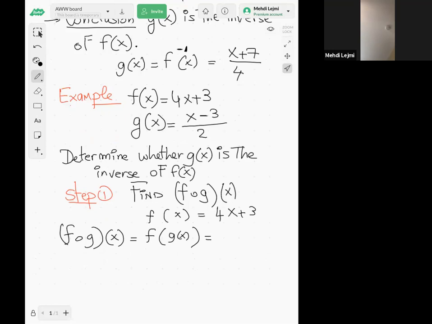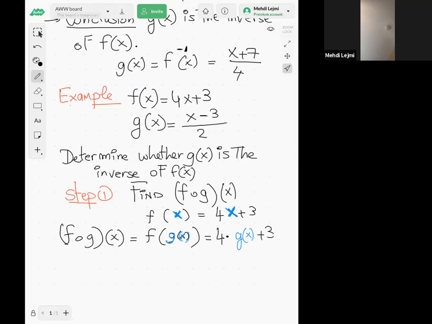So what you need to do, guys, again, is to substitute this x in here. So substitute x by g of x. So it's going to be 4 times x, so x becomes g of x. So it's 4 times g of x. All right. And then there is a plus 3.